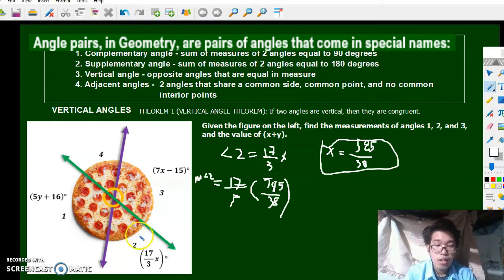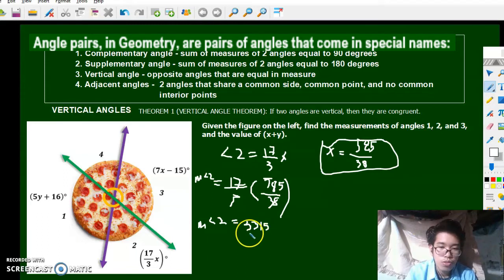Our answer is 3,315 all over 38. So that's the measurement of angle 2.